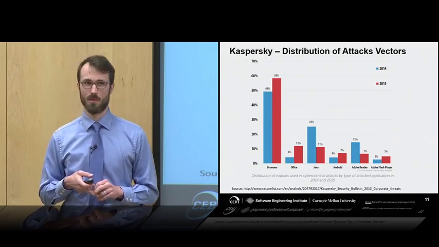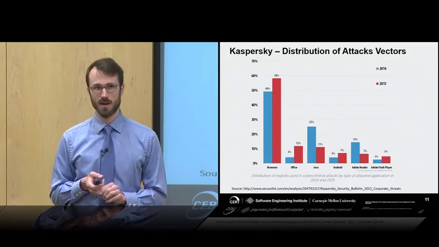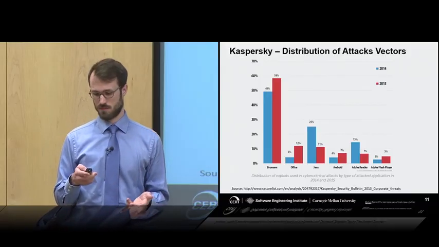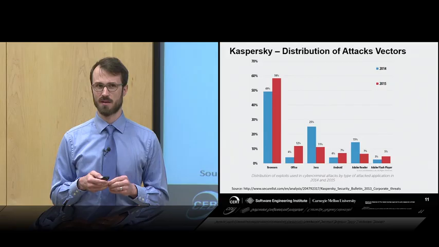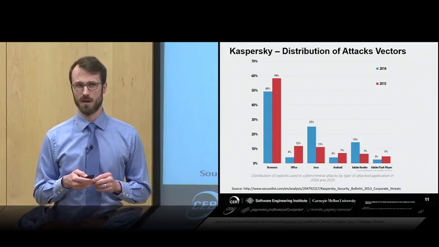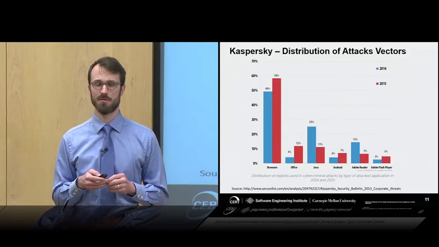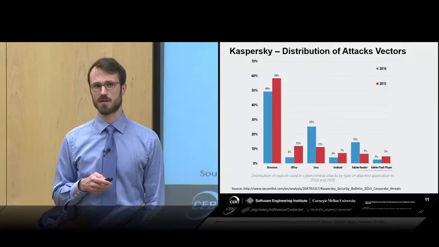In addition, we have the web browser drive-by attacks, which by far constitute the largest majority. And finally, we have what you'd call attachment-based attacks. So Office documents, PDFs opened in Adobe Reader, and there's also a small increase in malware on mobile devices. So your phone is increasingly becoming a target, according to Kaspersky data.